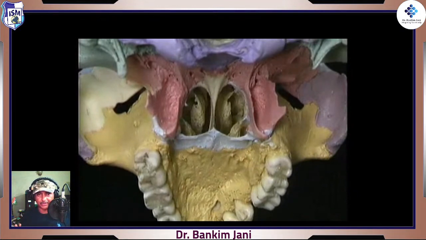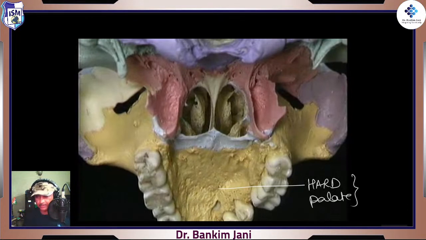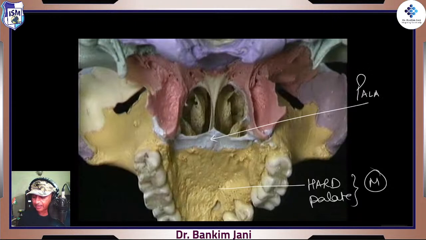This is the base of the skull, right? And what we are watching, this is the hard palate, right? And the hard palate is formed by the maxilla. But the palate is not only formed by this maxilla. There is another bone, right? And that bone is called the palatine bone, the football player.